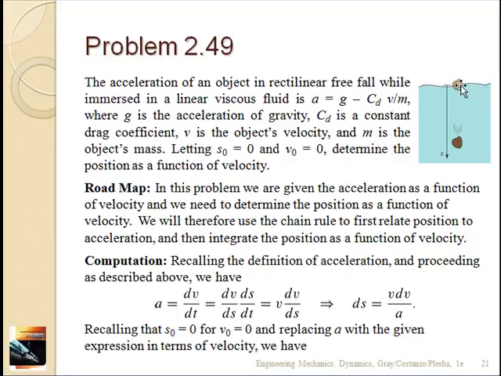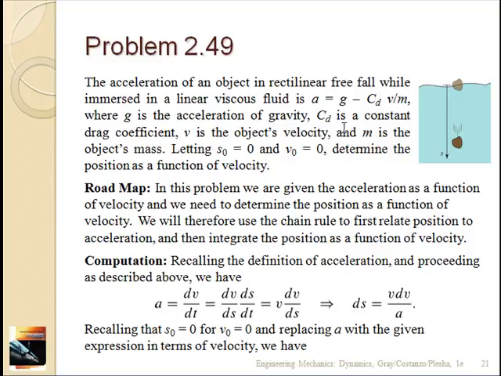As this thing travels through the fluid, there's a resistance to the acceleration due to the drag. So the acceleration, which would be g in a vacuum, is reduced by this drag force, and the drag force is proportional to the velocity.